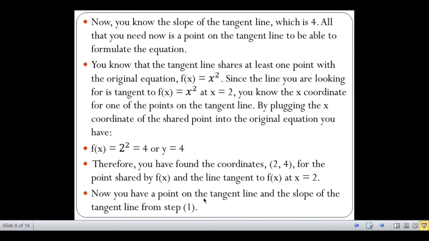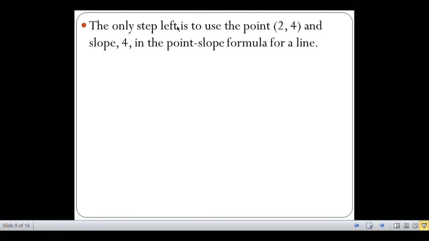Now, you have a point on the tangent line and the slope of the tangent line from step 1. So, after makuha class yung slope and point on the tangent line, pwede na natin kunin yung equation of the tangent line. Paano? The only step left is to use the point 2, 4, and slope 4 on the point formula for a line.